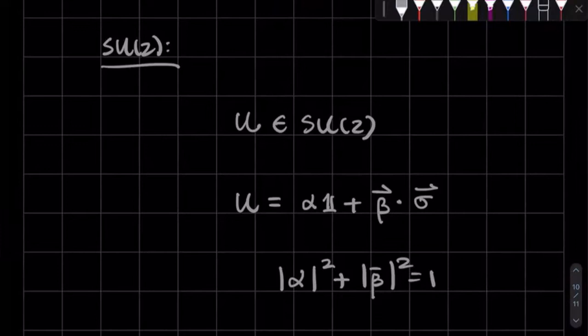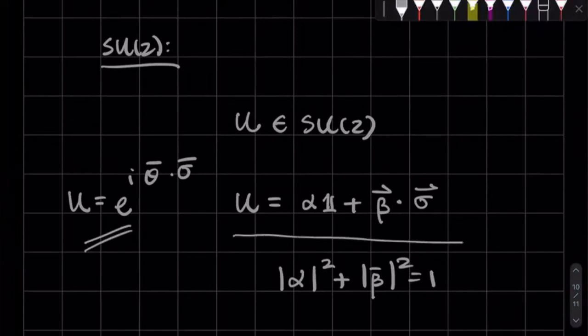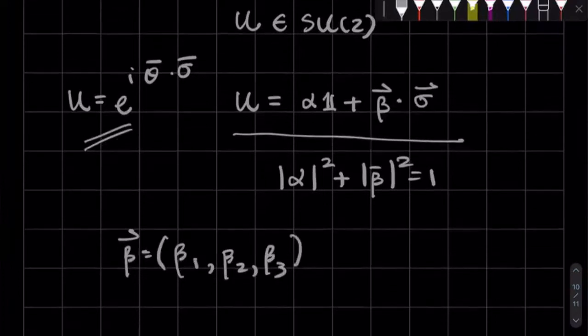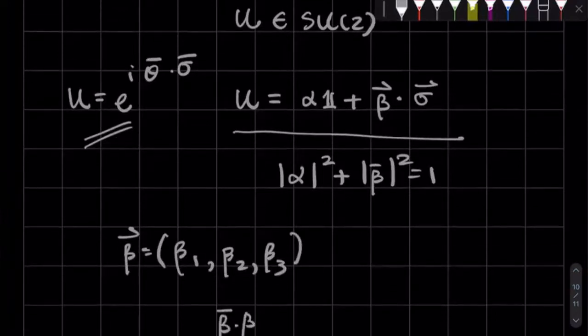Yeah. So I could have said, okay, I can write this as e to the power i theta dot sigma, right? But this does not make it clear that it's a 3-sphere, whereas this does, because beta has 3 components, beta 1, beta 2, beta 3, and beta dot beta is just beta 1 squared plus beta 2 squared plus beta 3 squared.